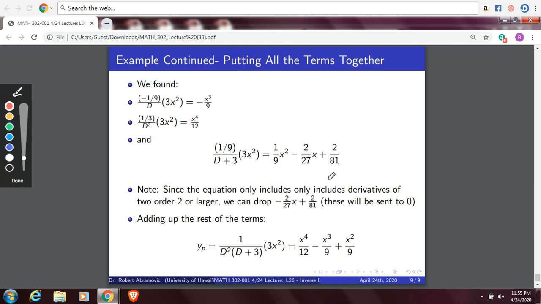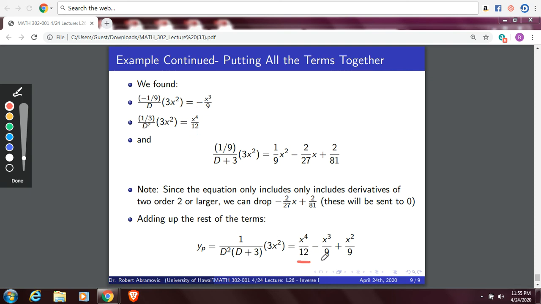They are actually part of the general solution. In other words, the polynomial differential operator D squared applied to D plus 3 will send these two terms to 0. Now if we add up the rest of the terms, we're left with 1 over 9 x squared, the next highest term, which is negative x cubed over 9, and the highest term, x to the 4th over 12.